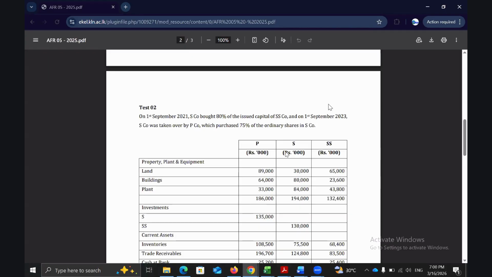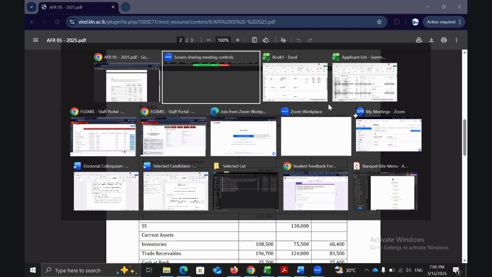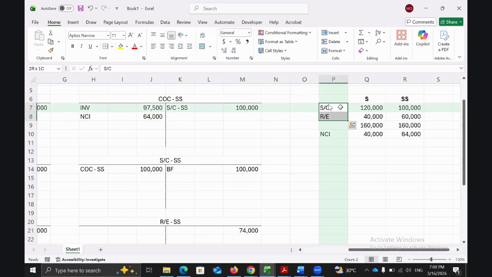To calculate the NCI, we need to take the proportionate share of the net assets stood at the date of acquisition. The net assets represent the stated capital and the retained earnings or other statutory reserves.